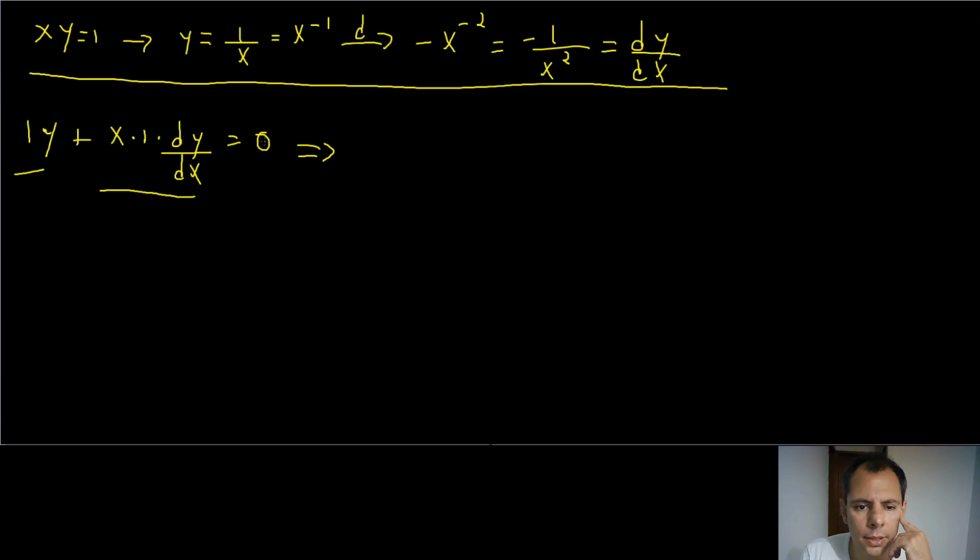This is adding, so it's going to pass to the other side subtracting. So what do you have? You have dy dx, and this thing here is going to pass over here subtracting, so it equals minus y divided by x, because x is multiplying here, so it passes to this side dividing. Okay, this is just 5th grade mathematics.